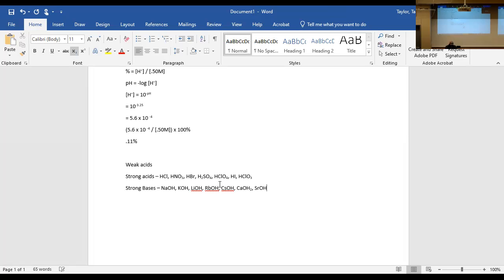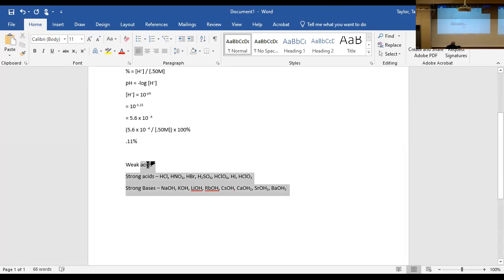SrOH, that's strontium hydroxide. And then barium hydroxide. I think the formula is BaOH2. Yeah. It's BaOH2. All right, so those are your 8 strong bases.